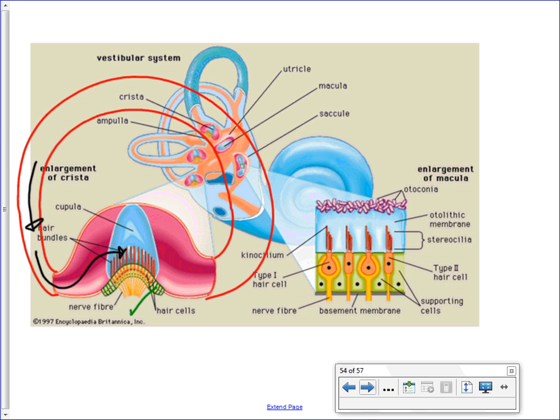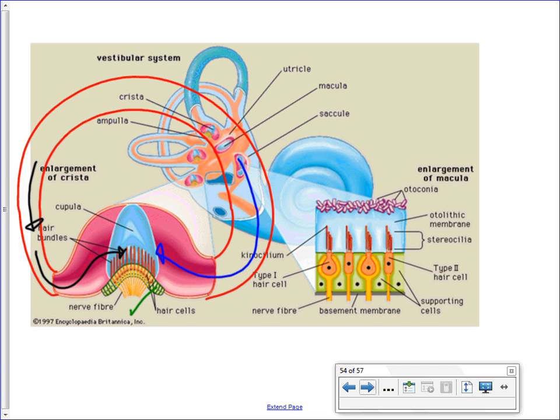If I do a cartwheel in the opposite direction, well, fluid will then travel in the opposite direction, move the hair cells in the opposite direction, and when that information goes to the brain, it will be interpreted and processed and provide information about my body movement.